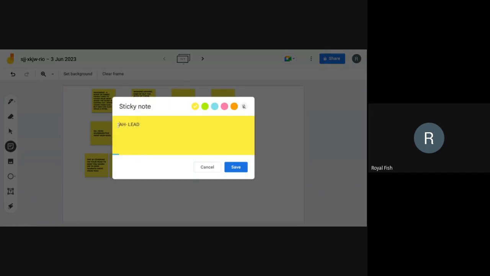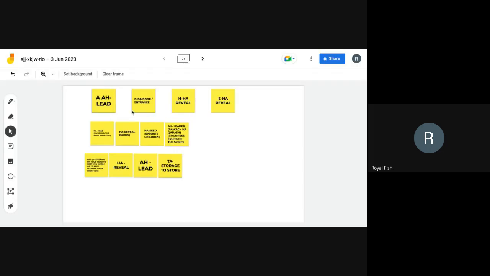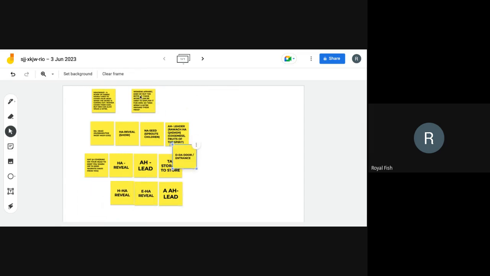So the A is ah, or to lead, and then the D is da, or door, door slash entrance. Okay, so that is literally the word head. And that's just for the word head.